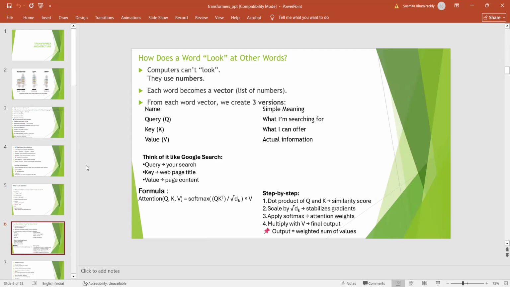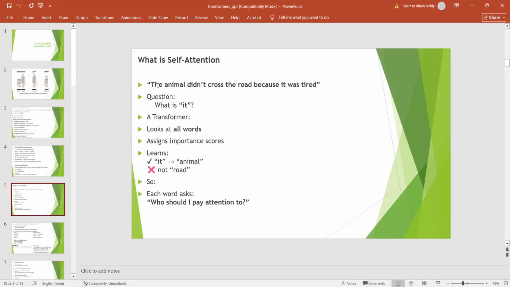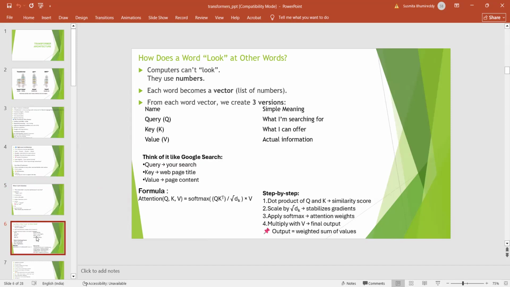So number means a vector. For every vector we have three aspects: it may be a query, a key, or a value. From each word vector we create three versions.